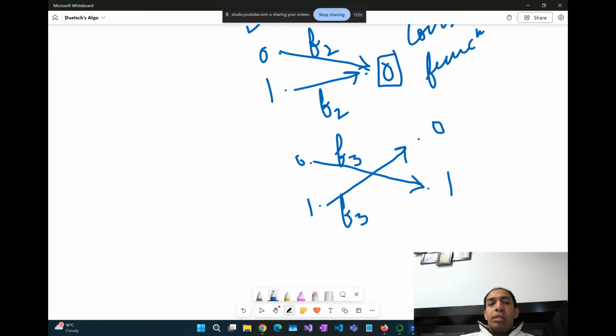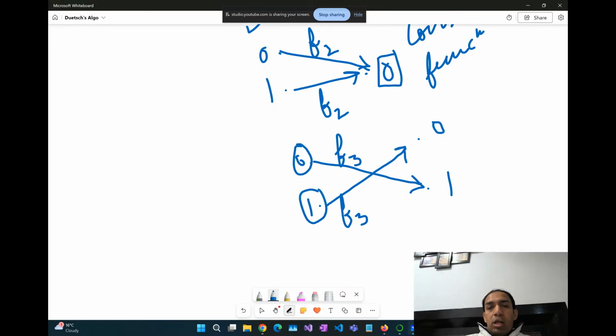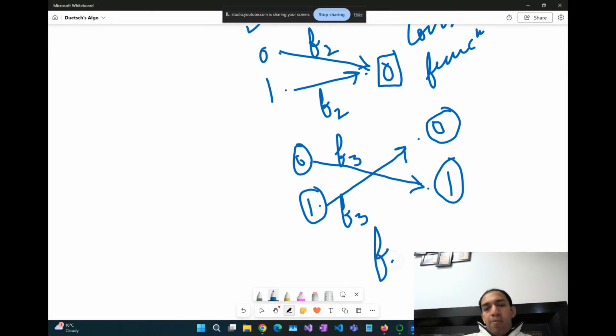Which means that if the input is changed, the output also gets changed. In terms of mathematics, we can also say that for F3, the input was given as 0, but the output was not equal to F3 of 1.